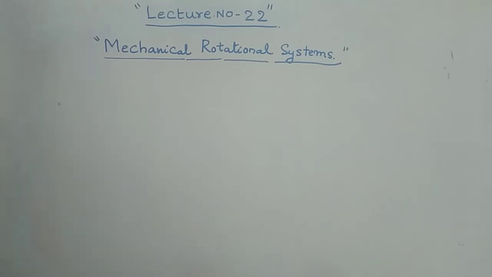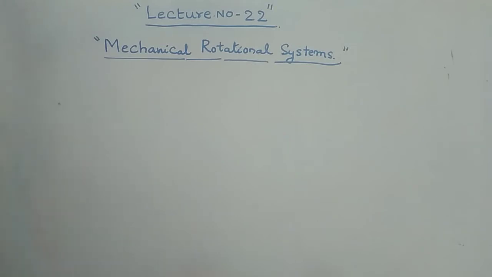In the mechanical translational system, we have seen the three basic elements which are very important and play an essential role in finding the transfer function of a given mechanical translational system.